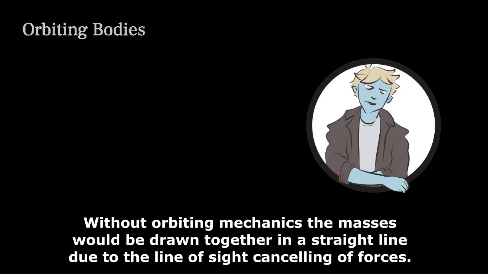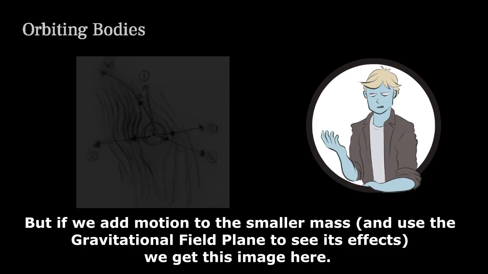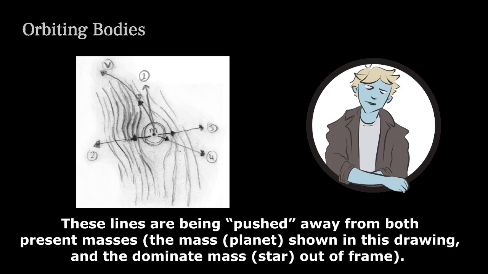Without orbiting mechanics, the masses will be drawn together in a straight line due to the line of sight cancelling of forces. But if we add motion to the smaller mass and use the gravitational field plane to see its effects, we get this image here. The gravitational field lines are curving around a central mass star that is just out of frame on the left. These lines are being pushed away from both present masses, the mass shown in this drawing and a dominant mass out of frame.